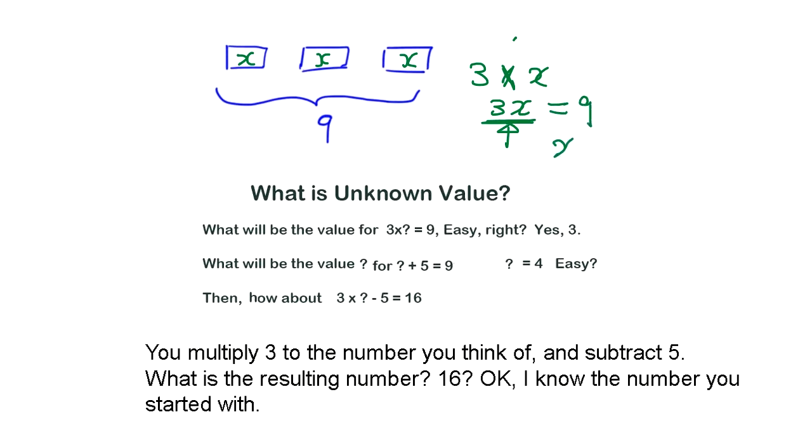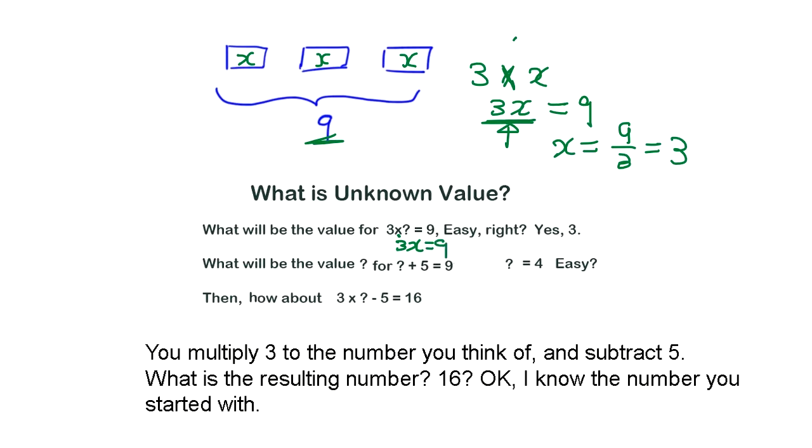Okay, and you know x is easy, right? 9 divided by 3, because 3 times 3 is 9. Okay, so what will be the value for 3 times question mark? That's the x, and eliminating the times notation, it's right, 3x equals 9.